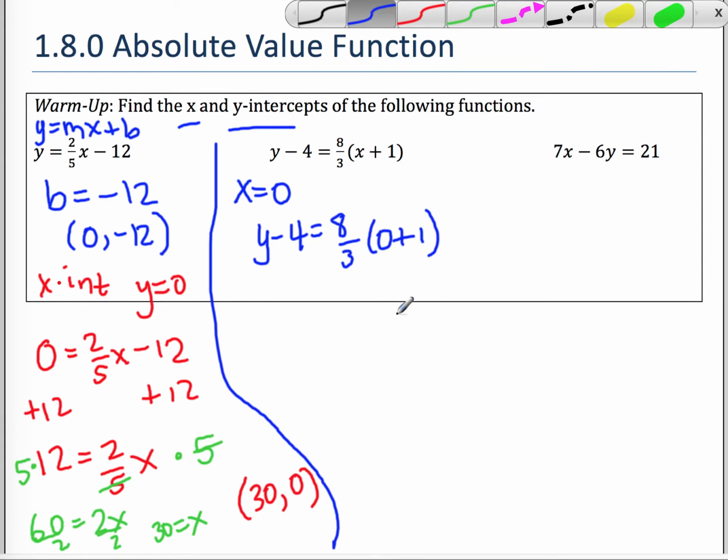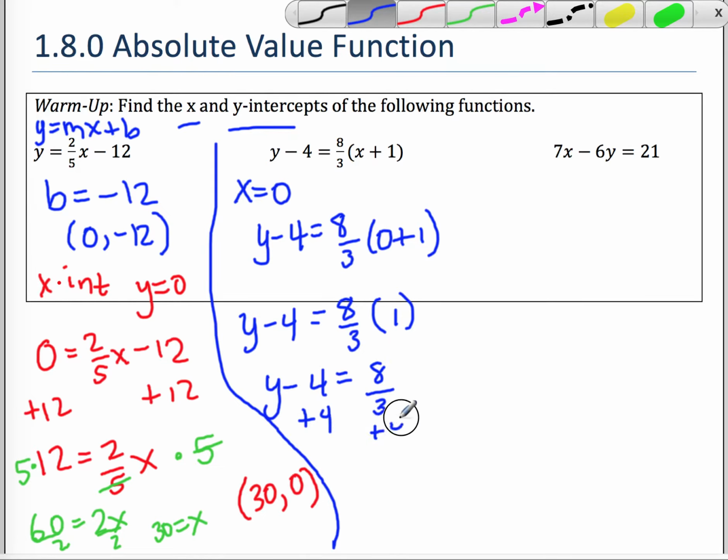Bella, what would we do next? Well, because x is 0, and 8 divided by 3 times 1 is just 8 divided by 3. So we could write it as 8 divided by 3 times 1, and then you even said that's just 8 divided by 3. And if I'm solving for y, I can add 4 to both sides.